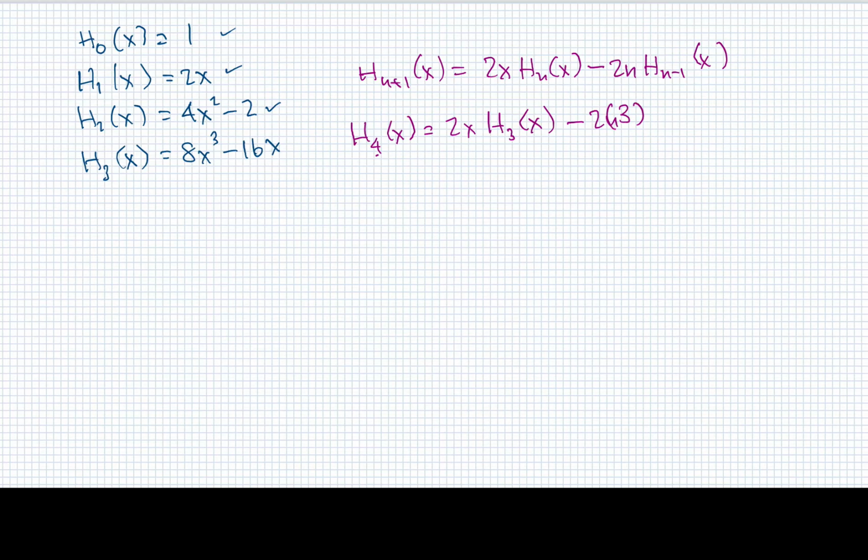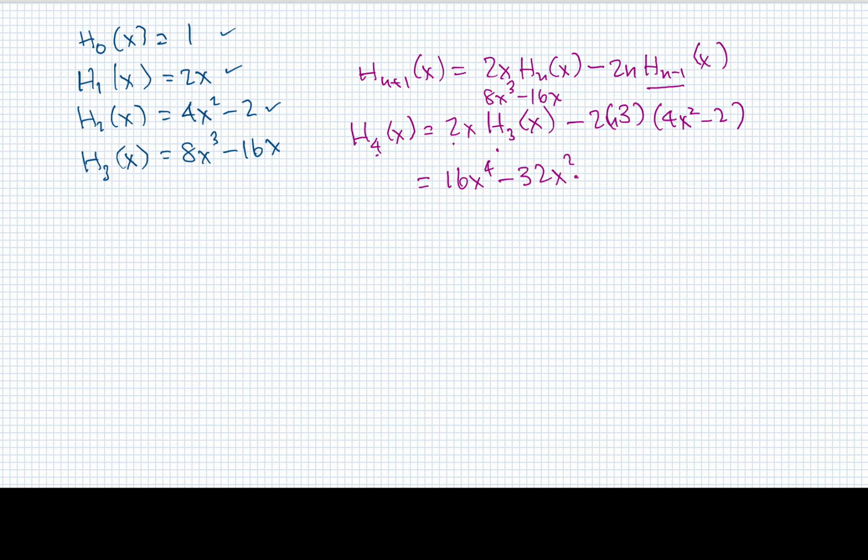So I'll go ahead and put that here. 2 times 3 times the second polynomial, which is 4x squared minus 2. So the third polynomial was 8x cubed minus 12x. So when I figure all this out, I'm going to multiply this by 2x. I'll get 16x to the fourth. 2x times minus 12x is minus 24x squared.